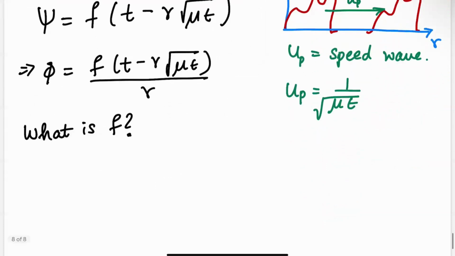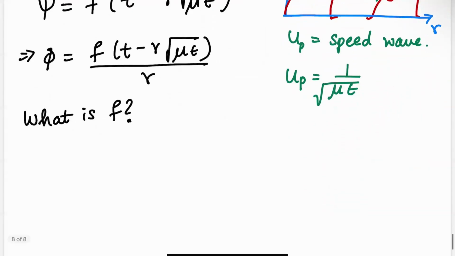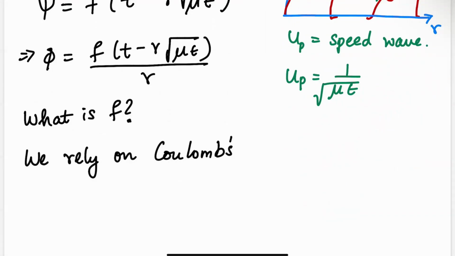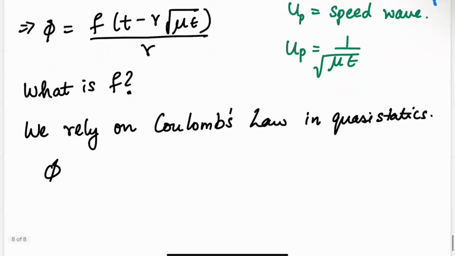Again, here we rely on Coulomb's law in quasi-statics to give us what f is. We know that Coulomb's law is nothing but q of t over 4 pi epsilon r.